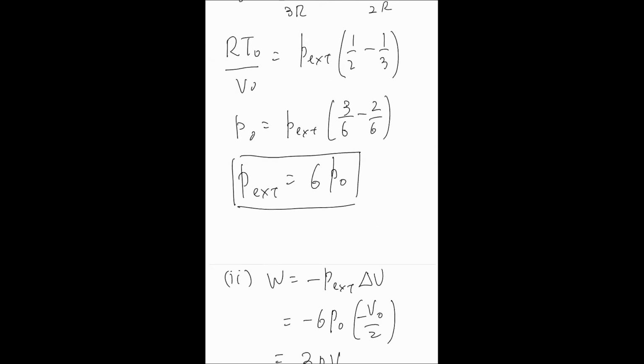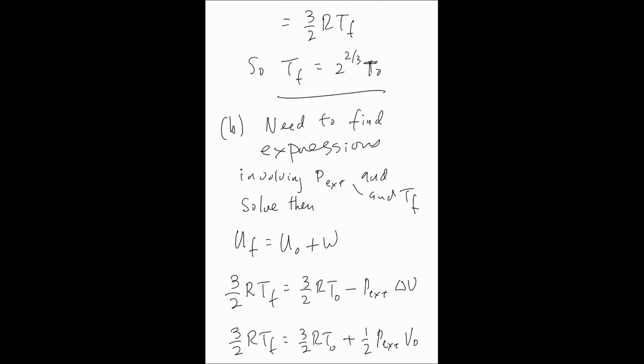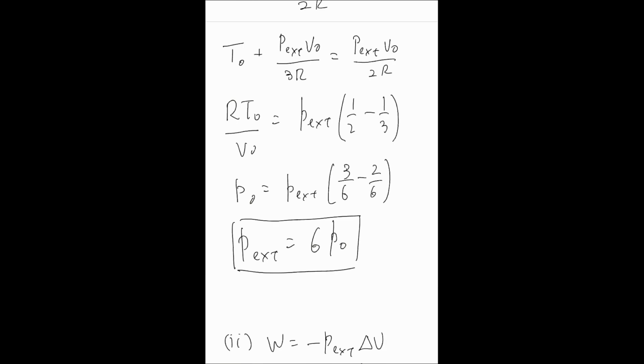And we can go back and see what it was for the reversible one. It was 2 to the 2/3 what it was initially. So it's a significant difference, right?